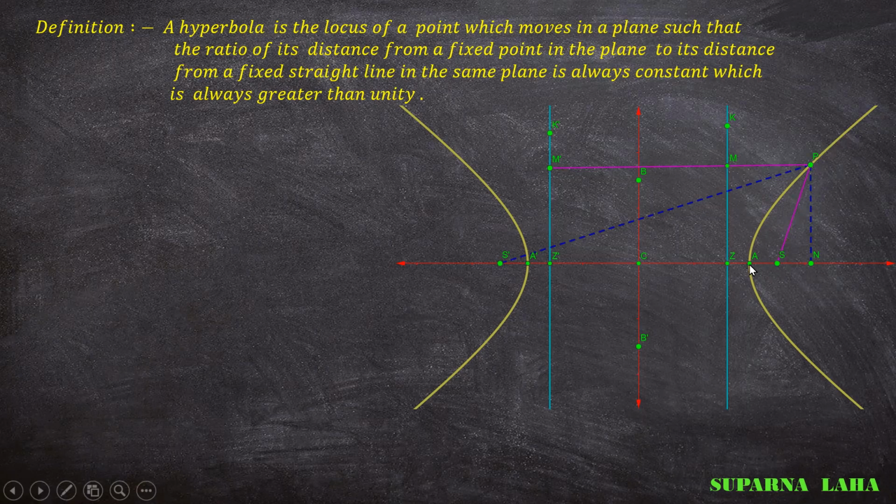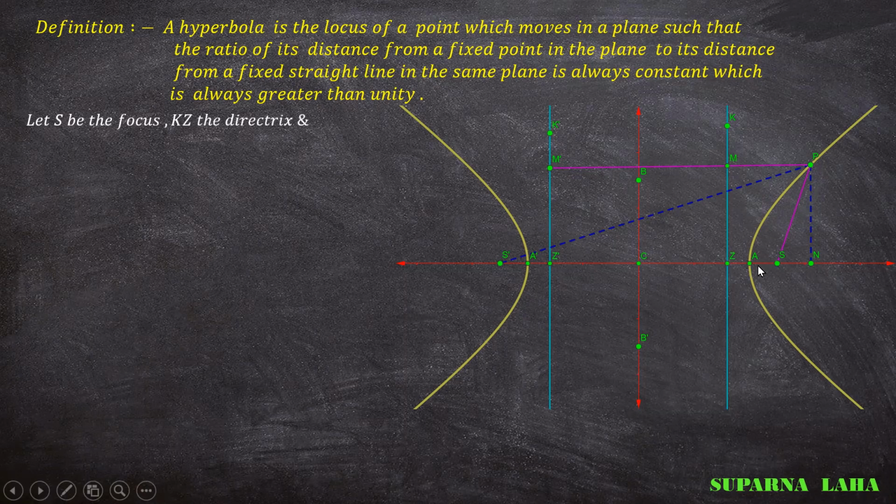Now if we take A as another point on the hyperbola, with the x-axis and y-axis, the distance from the focus, that is from S, and the distance from the fixed line are always in a constant ratio.